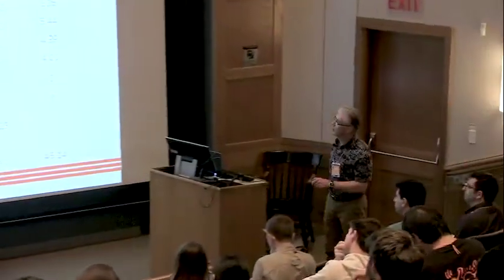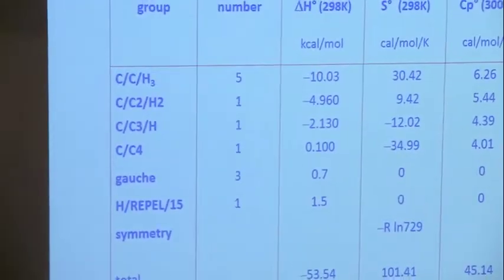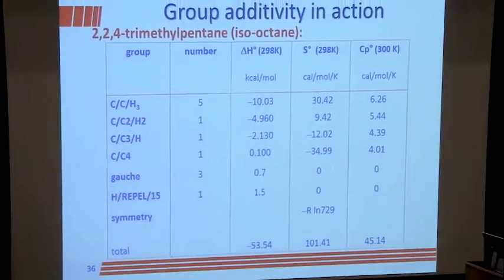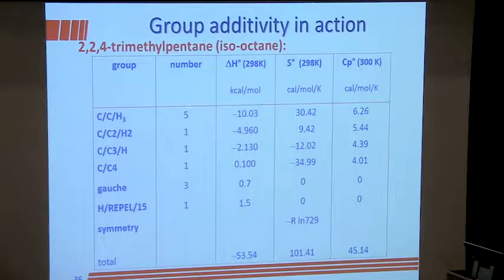And here I have more modern values. So this group contribution for C bonded to C bonded to H3 is slightly different from what Sid Benson had recommended, minus 10.2 in a previous table. I've changed it over the years. Here we have C bonded C2 bonded to H2.